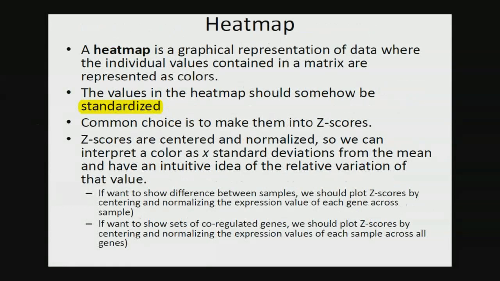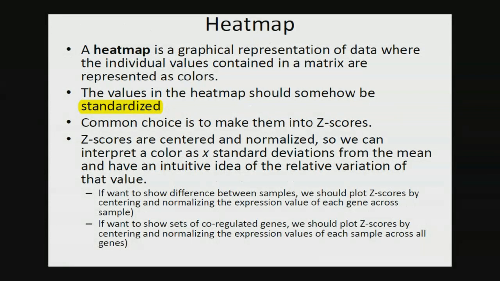All right, next will be heat map. This is a graphical representation of data where individual values contained in a matrix are represented in colors. But the values in the heat map should somehow be standardized. One common choice is to make them into the z-score. This is not the normalization we talk about for pre-processing.